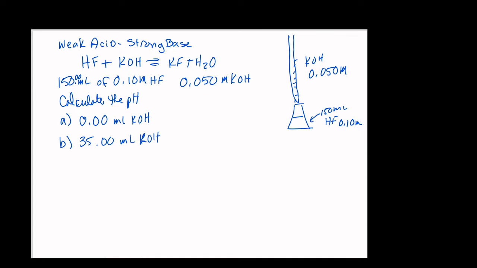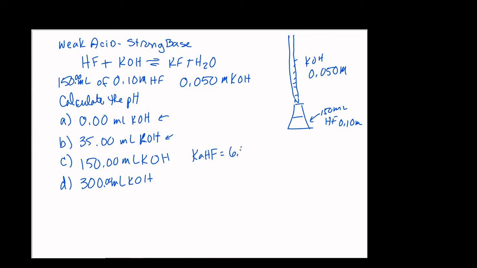So that's at the beginning of our titration, before we add any KOH, and then after each of those additions. All right, and the Ka for HF is equal to 6.6 times 10 to the minus fourth.